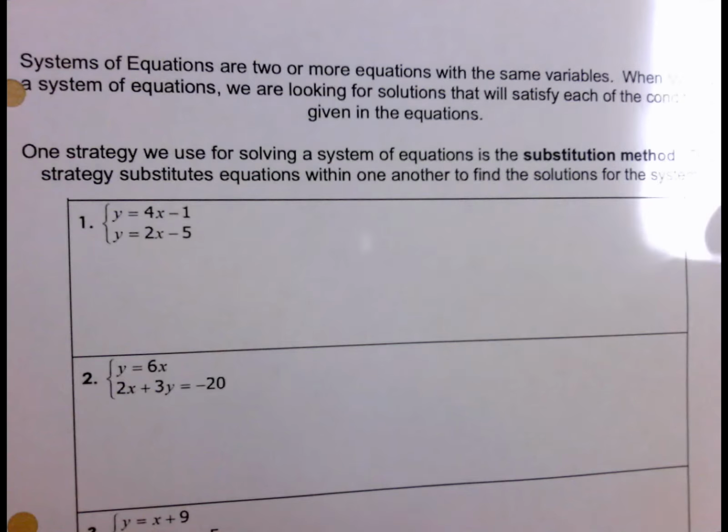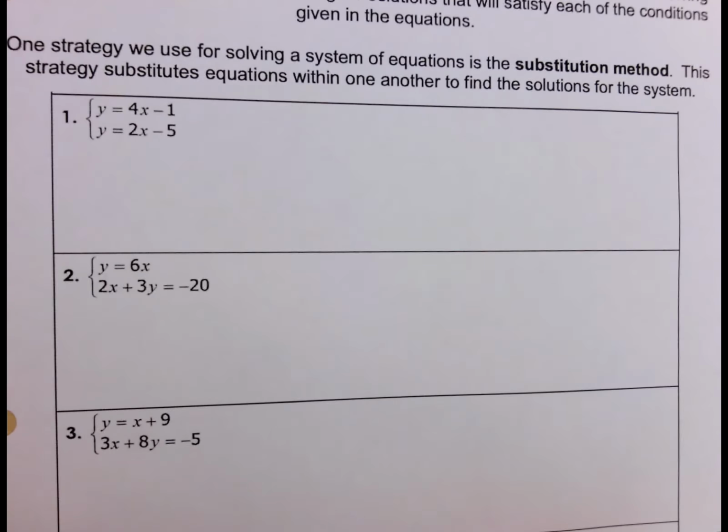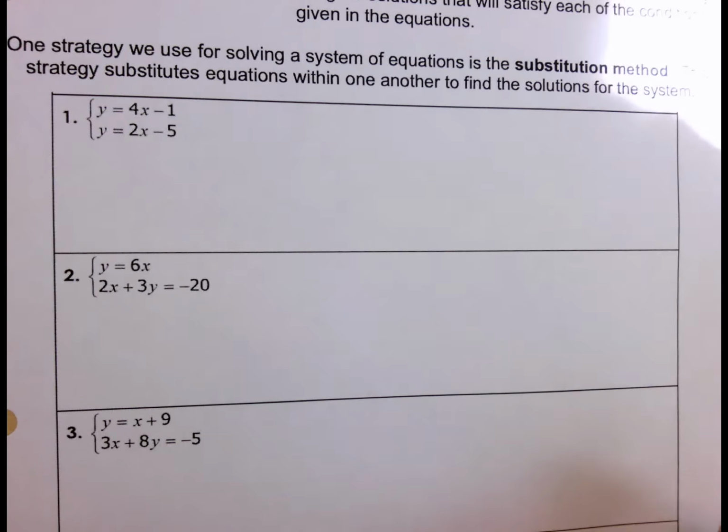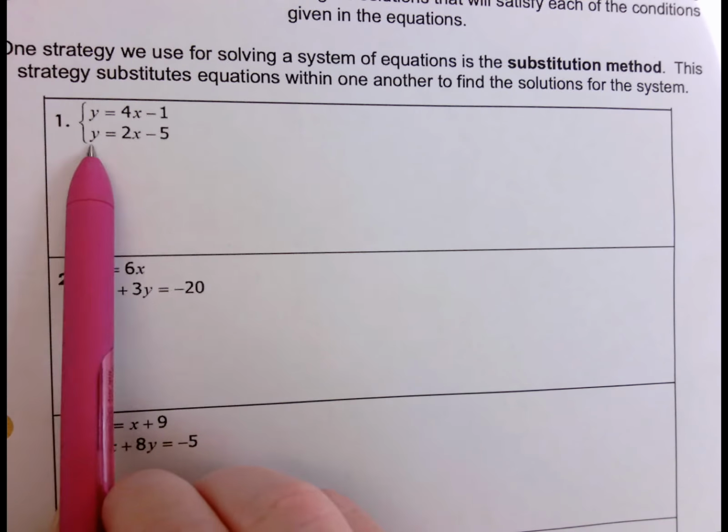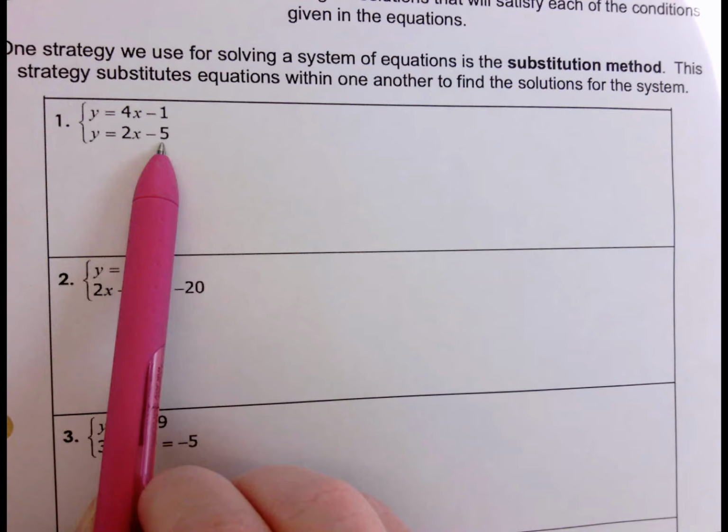Okay, so some of these are going to look a little bit easier than what we did. We actually started with a fairly difficult problem so that you can kind of get your feet wet, and now we're going to dive in and do something that's a little simpler and kind of build our confidence. So starting with number 1, we know that y is equal to 4x minus 1, but we also know that y is equal to 2x minus 5.